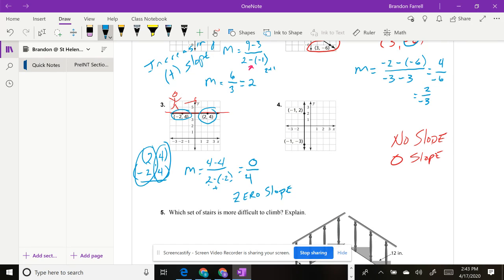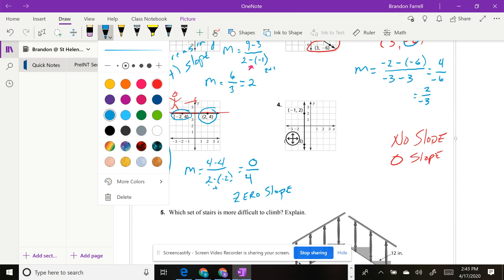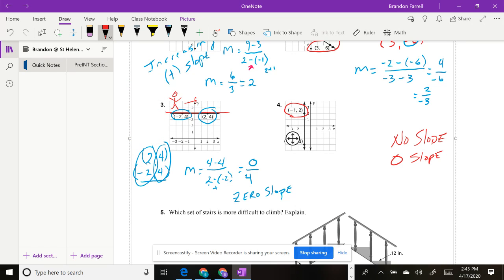Now the opposite would obviously be whether or not we're going to use positive 2, negative 1 and then negative 3.